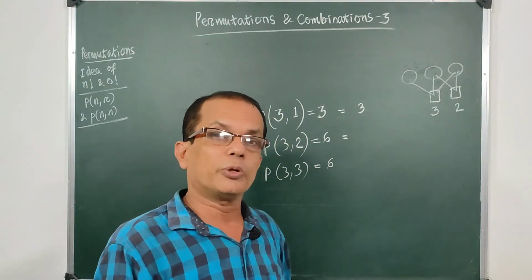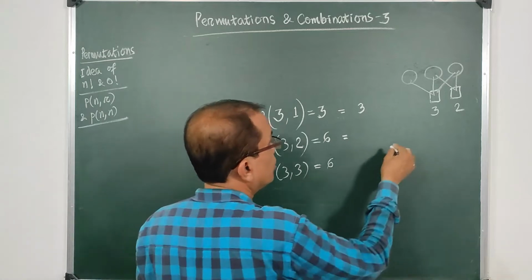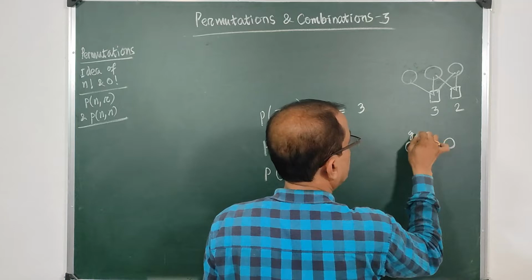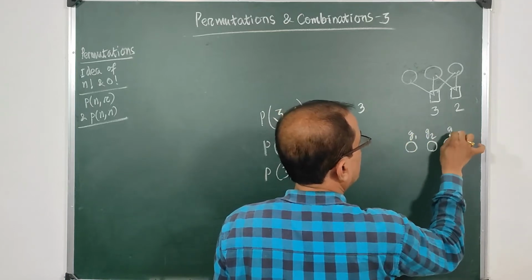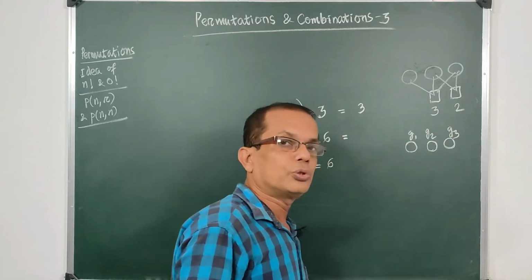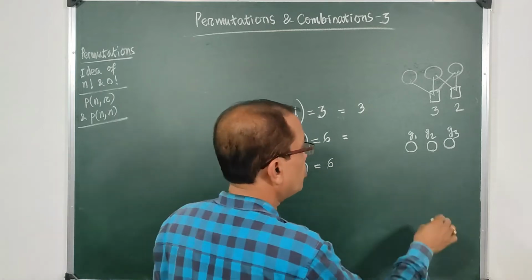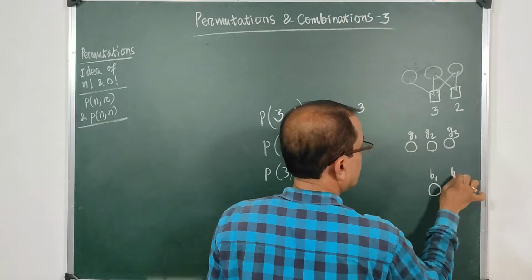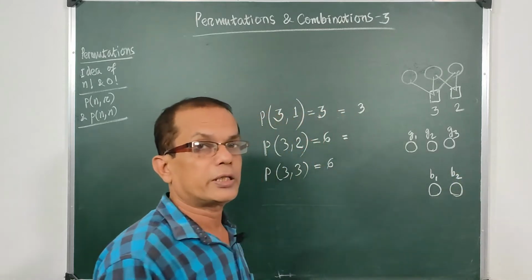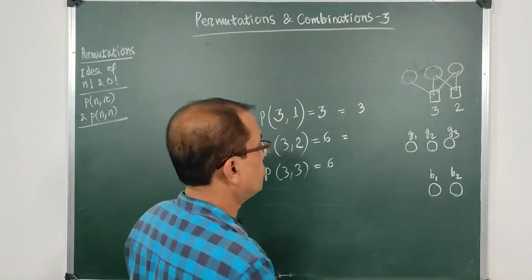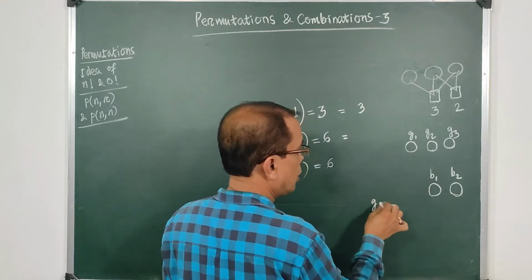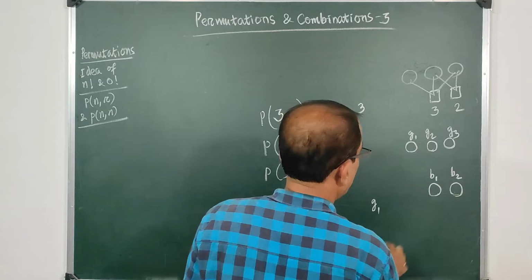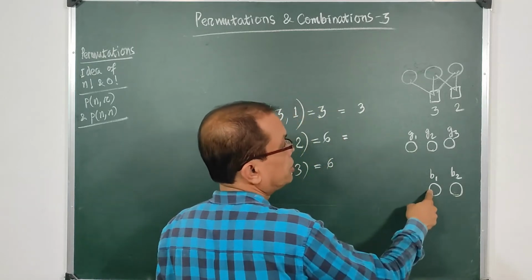Do you understand this problem? Suppose there were 3 girls, G1, G2 and G3, and they had to choose their husbands from 2 boys. So how many marriages can occur? How many choices can occur? Girl 1 has 2 choices, B1 and B2, and boy 1 has 3 choices.